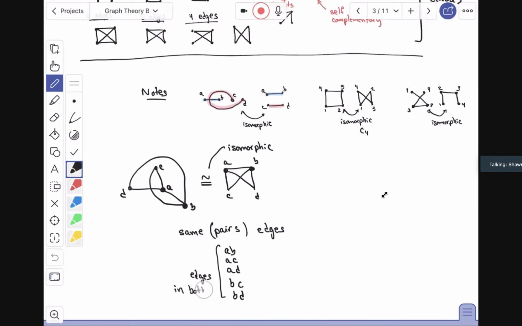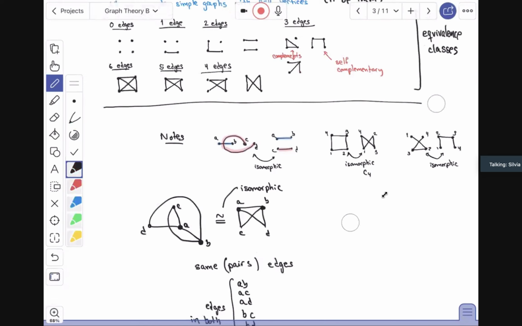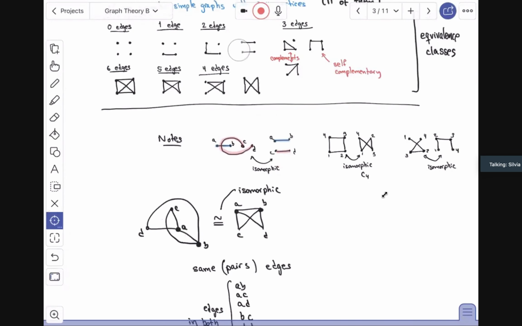Exactly those. So now they're isomorphic. It's not only number of vertices and number of edges, because if it were, then these two would be isomorphic, but they're not. You really mean essentially the same graph, maybe drawn in a different way. So you come up with the labels, same labels, so that they have exactly the same edges. Okay? All right.